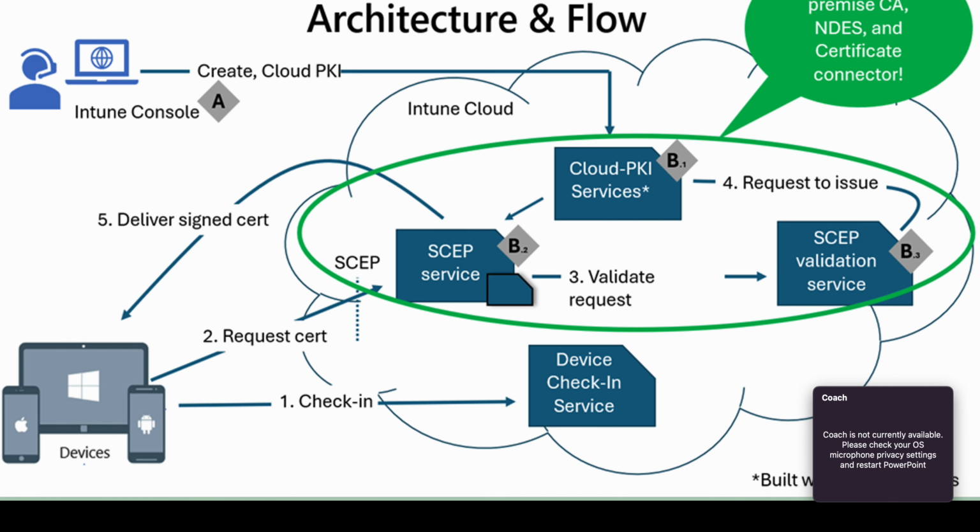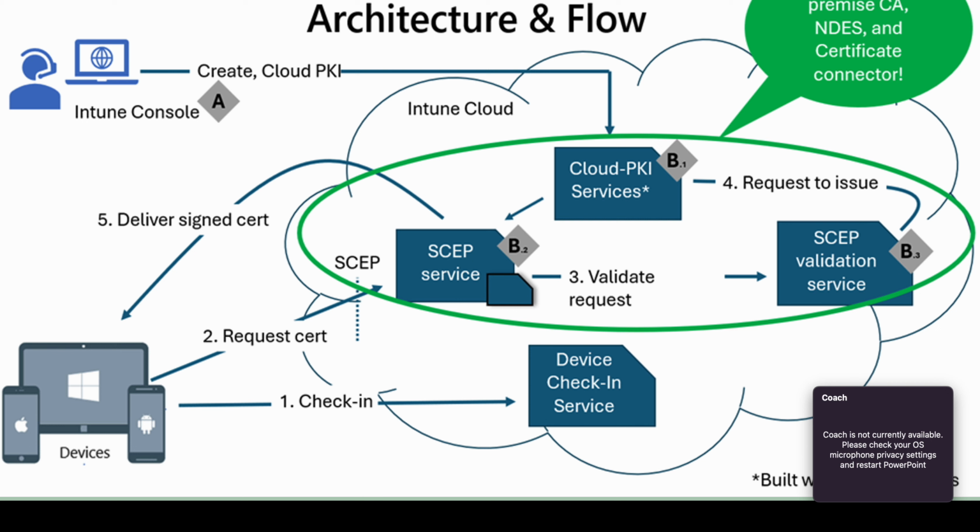Now let's understand the high level overview architecture. Microsoft Cloud PKI, you can see here, is made of several key components working together, right? The Cloud PKI service, the SCEP service, and the SCEP validation service.